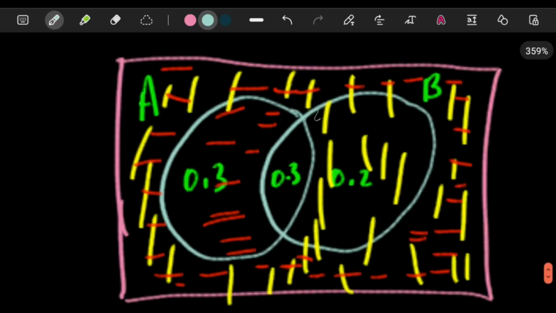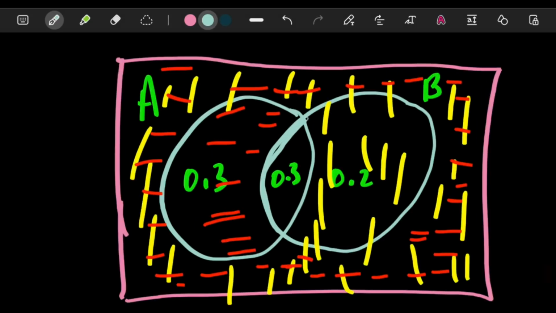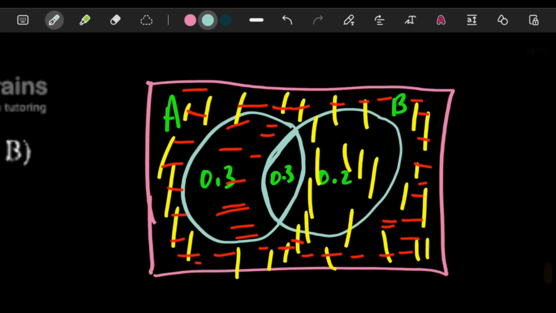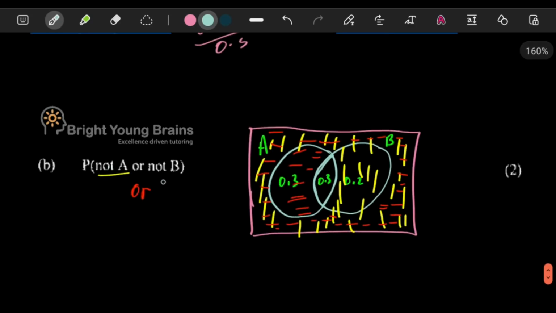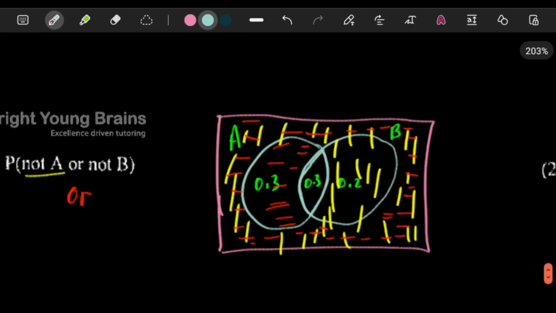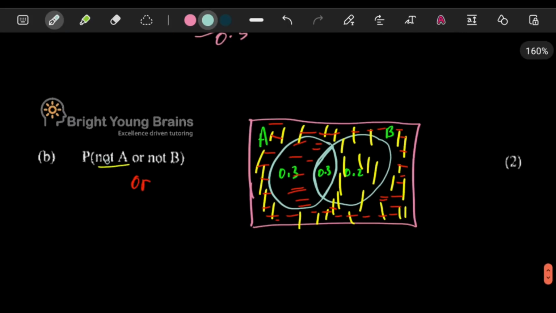If you look at the middle here, this middle part is not colored at all. This is the only part that does not qualify for not A or not B, because the portion that is not A, we colored it in yellow. The portion that is not B, we colored it in red. So "or" means you need to combine them, and that's your answer.